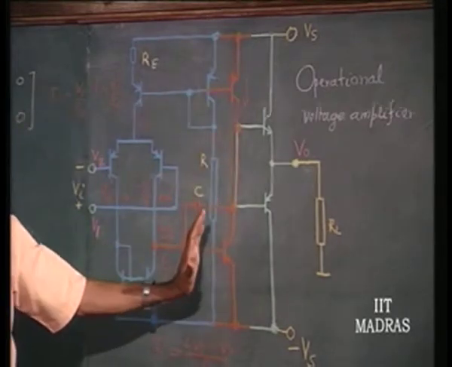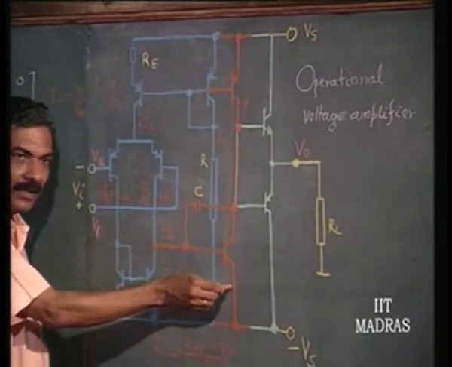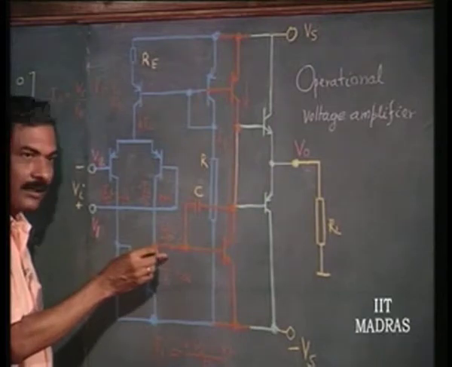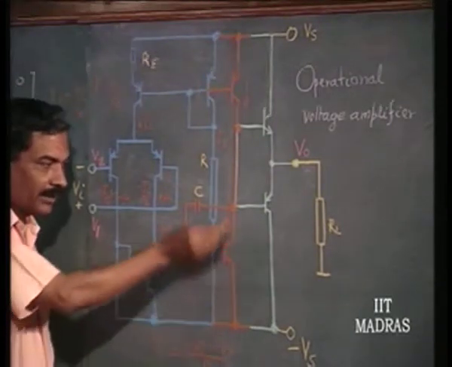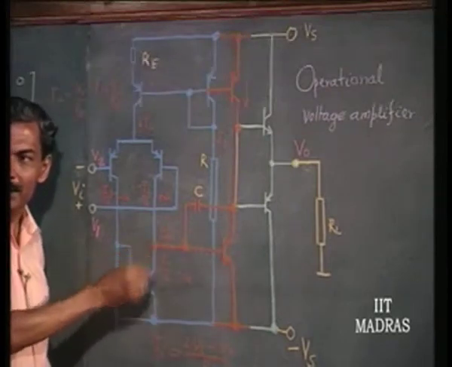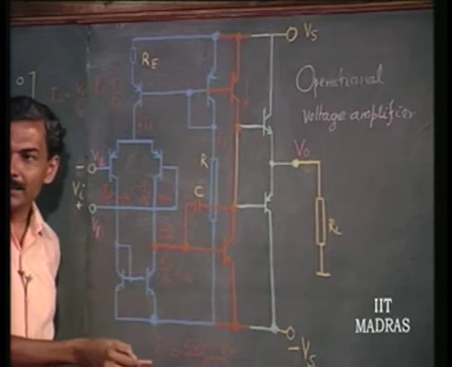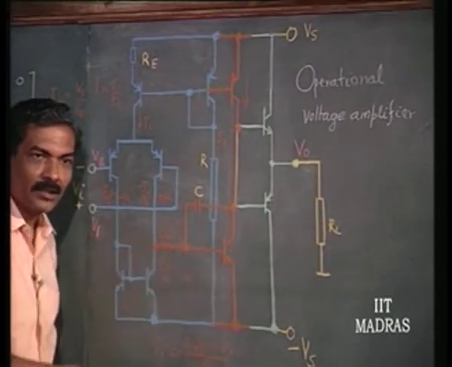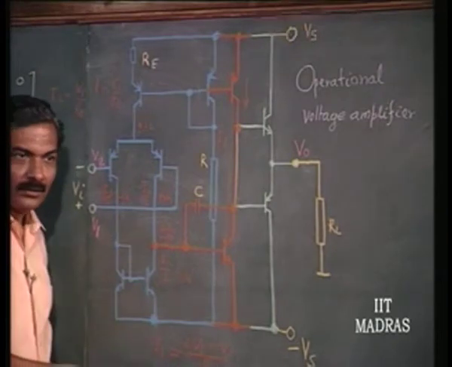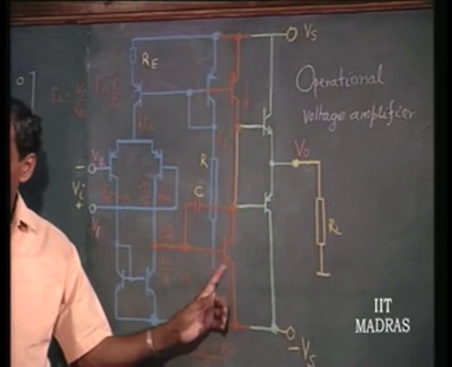Re has to be made low, but when you make Re low, you have to be aware of the fact that it is going to load this also, and the impedance level here comes down. So, naturally, we have to see that the impedance level here does not come down. So, we have to increase the beta. One way to increase the beta is to use a Darlington pair. So, these are all the modifications that might have to be adopted here.